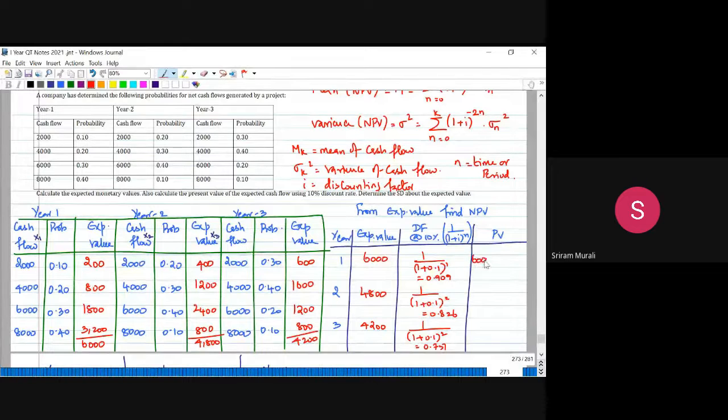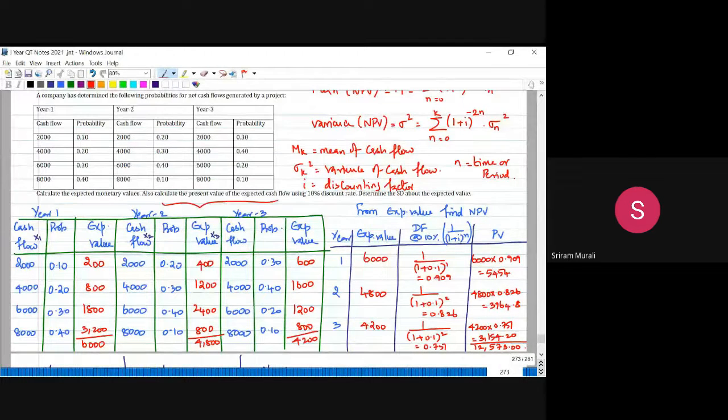So 6,000 into 0.909 is equal to, and 4,800 into this, and the total is 12,000. Have you understood this? This is the average.